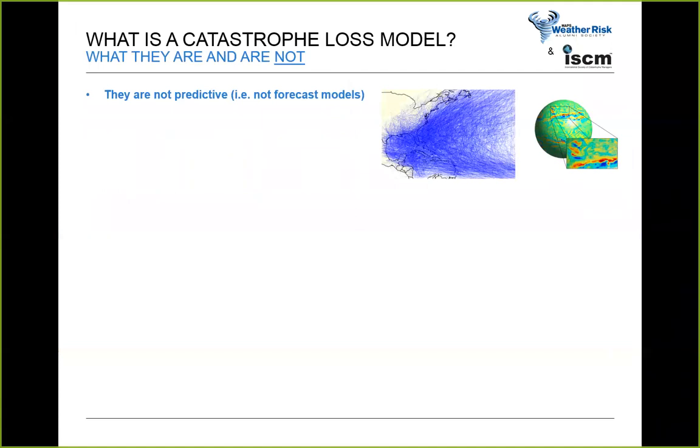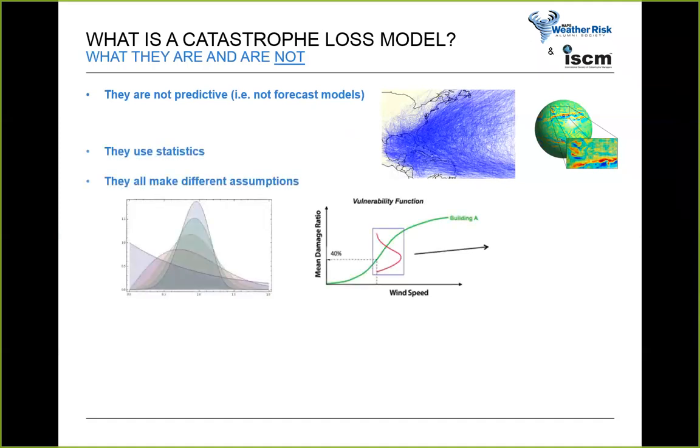So we are not doing on-the-fly predictive modeling, though there are some functionalities with some models to do deterministic events if we are expecting a landfall. Most of these models are still heavily statistics-based, though we will see numerical weather prediction models informing them more and more, and I will highlight areas where that occurs in the presentation today.